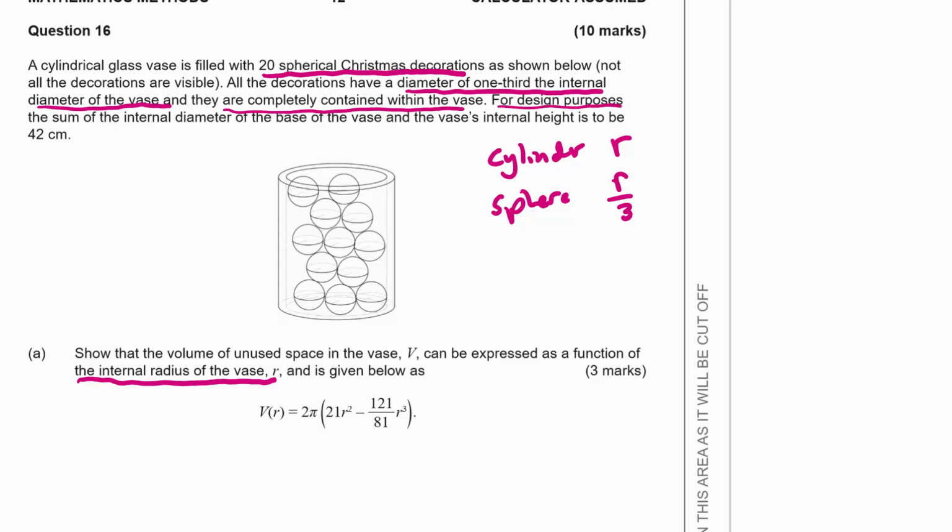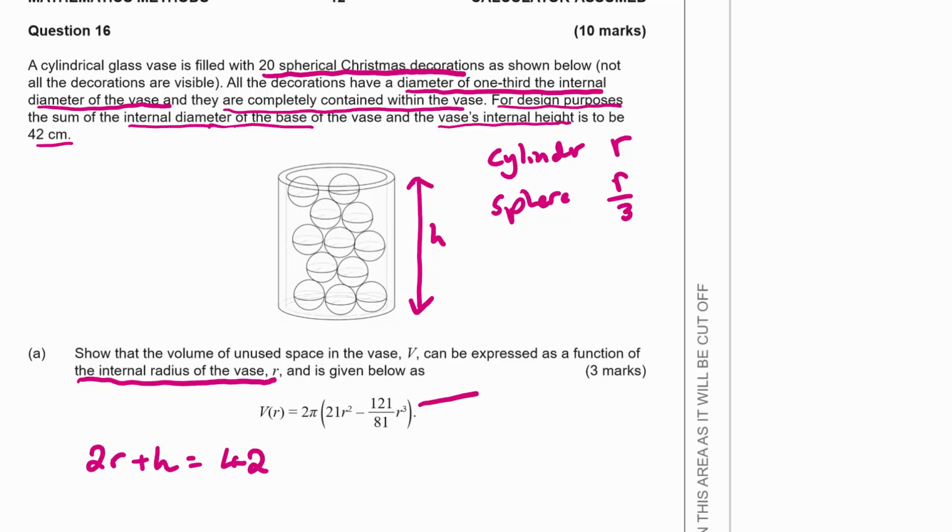For design purposes, the sum of the internal diameter of the base and the vase's internal height is to be 42 centimeters. So the diameter is 2R, and if we call the height H, that sum is going to be 42.